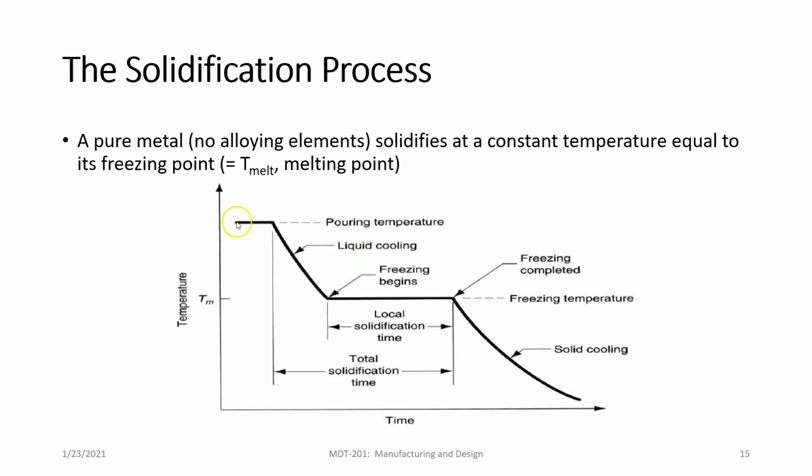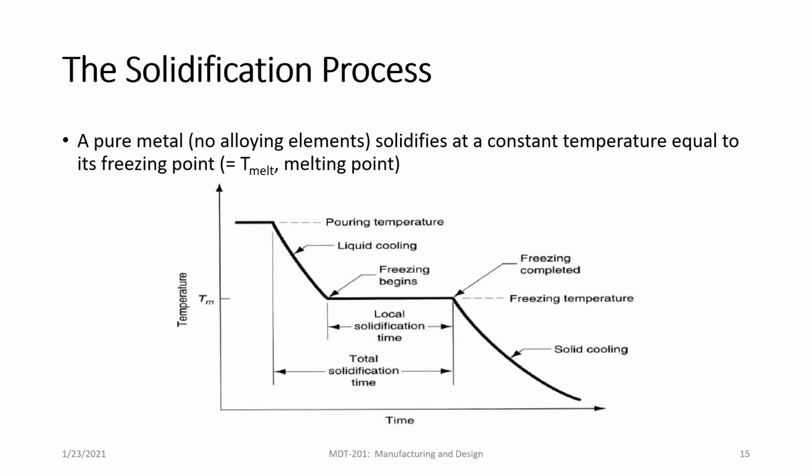So this point right here, where my cursor is, this is where we start the process of filling the mold. You can imagine that this temperature right here is going to be above the melting temperature, so it's a very high temperature where the metal is all liquid. Let's say that this point exactly corresponds to where we start to fill the mold.